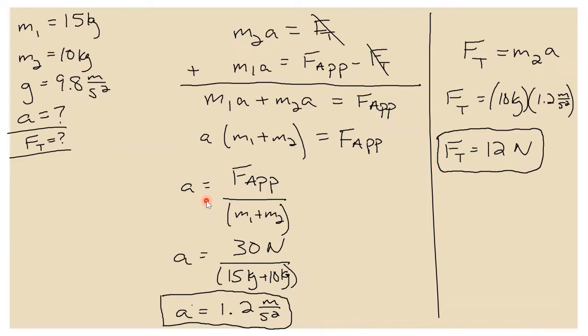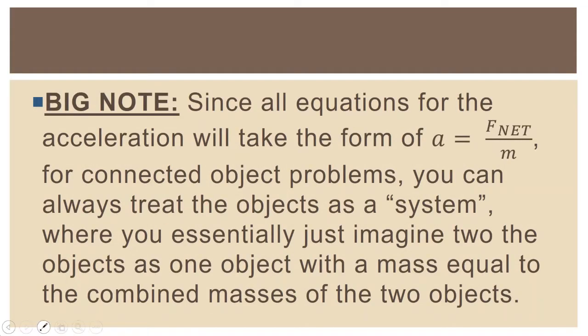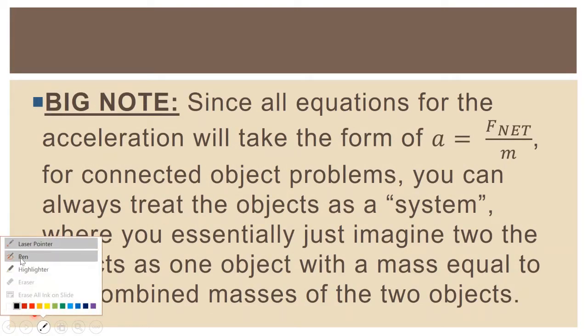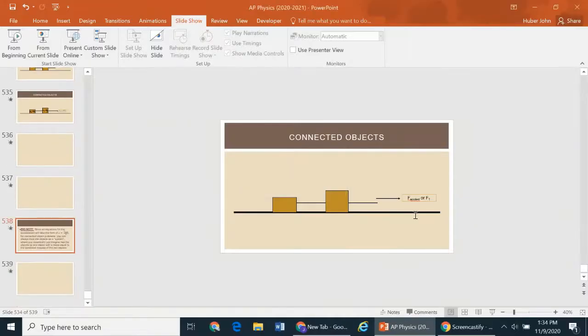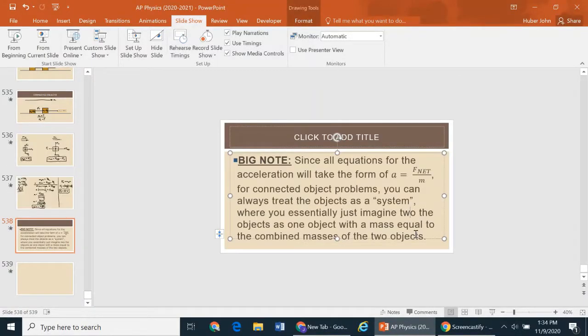And so what that means is that since all equations for the acceleration will take the form of a equals F net over m, for the connected objects problem, you can always just treat the objects as a system, where you essentially just imagine the two objects as one object with a mass equal to the combined mass of both objects. That's the idea here.